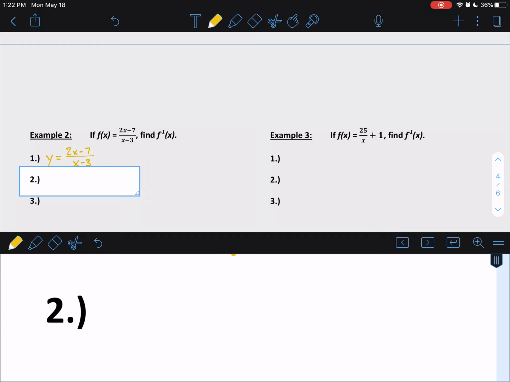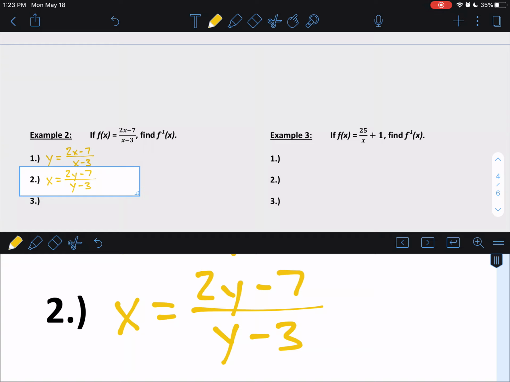So, and you may want to give yourself some room to work on this problem. So we got x equals 2y minus 7 over y minus 3. And now we have to solve for y. But there's two y's. So it's kind of difficult to tell what we're supposed to be doing here.